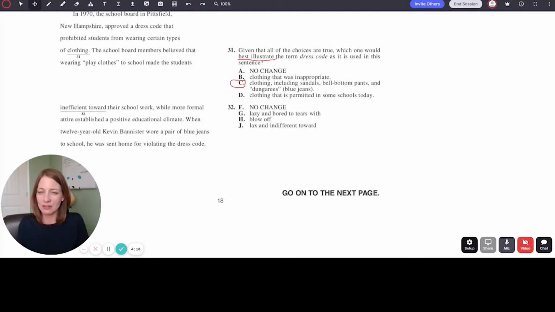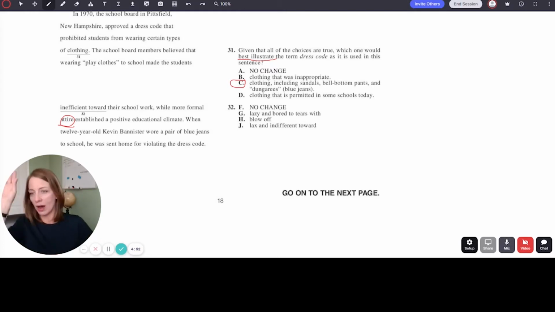So that actually kind of gives me a clue to number 31 as well. Okay. Made students blow off their schoolwork, while more formal attire established a positive educational climate. Okay. I think the answer is F, because if it's going to use the word attire here, that it's a little more formal in tone.